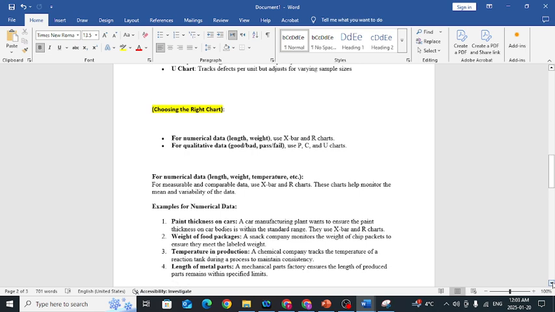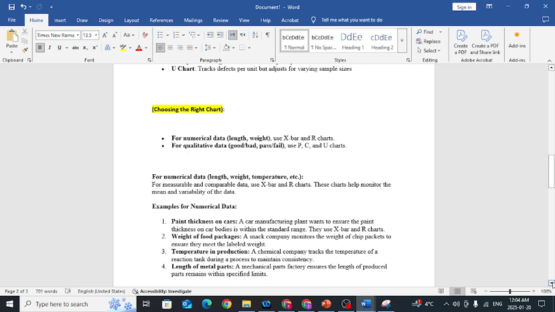So, guys, for numerical data like length and weight, you should use the X-bar and R charts. For measuring quality, if you have numerical data like length or weight, you should use the X-bar and R charts.